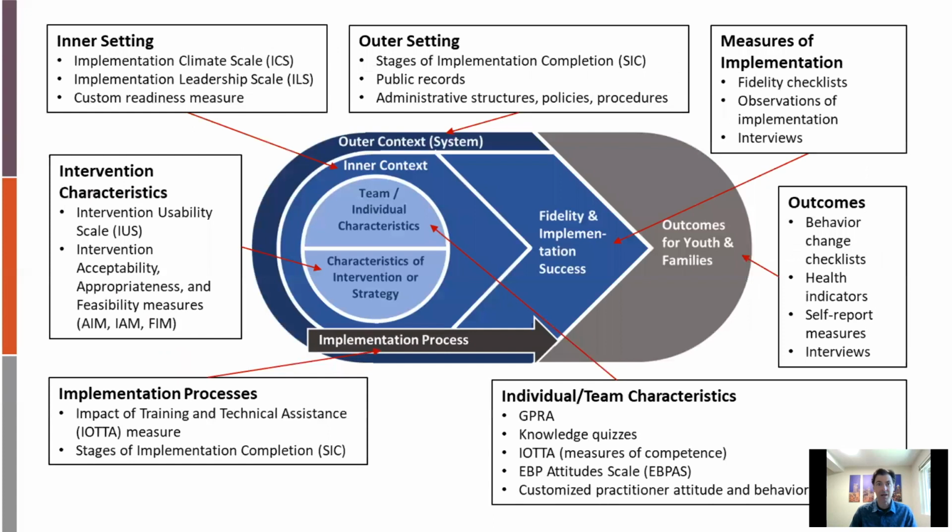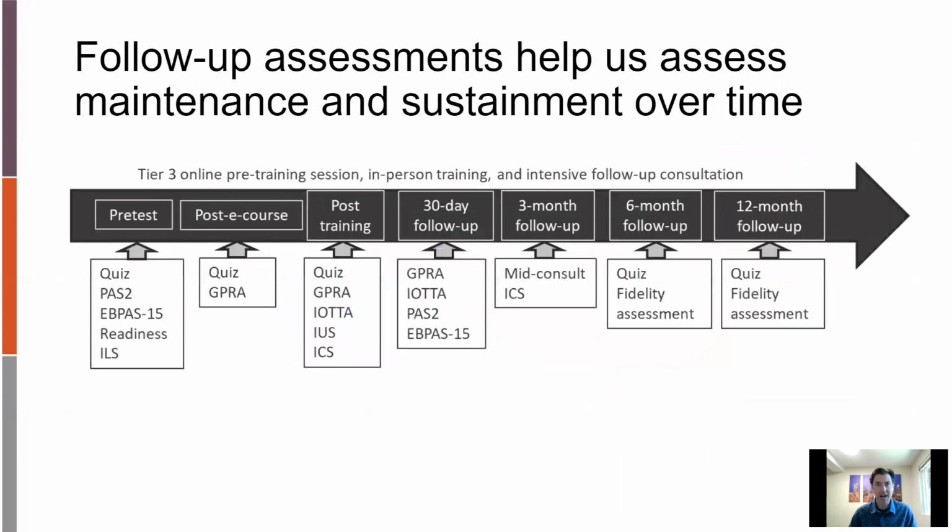A lot of these measures are taken across time to get that time factor that allows us to see how the effects were sustained or maintained over time. So that's a real quick overview of some ways that we can start to look at RE-AIM within the TTC model.